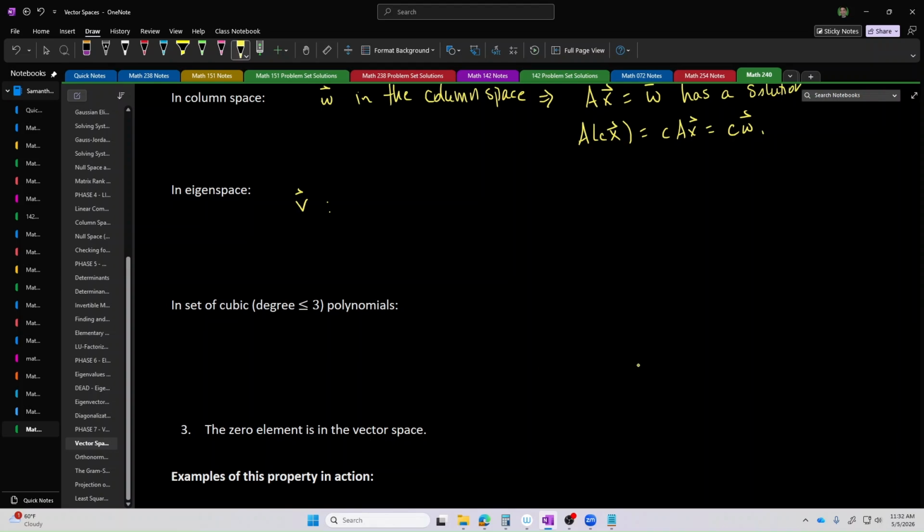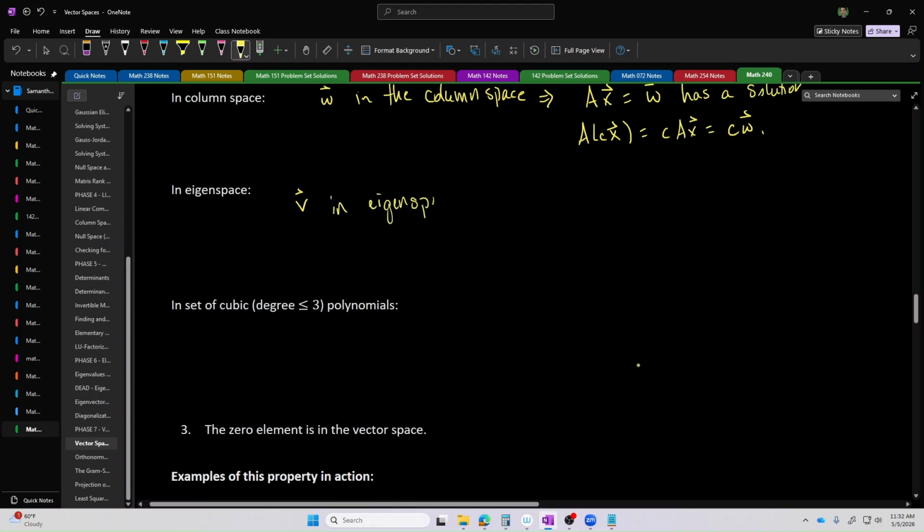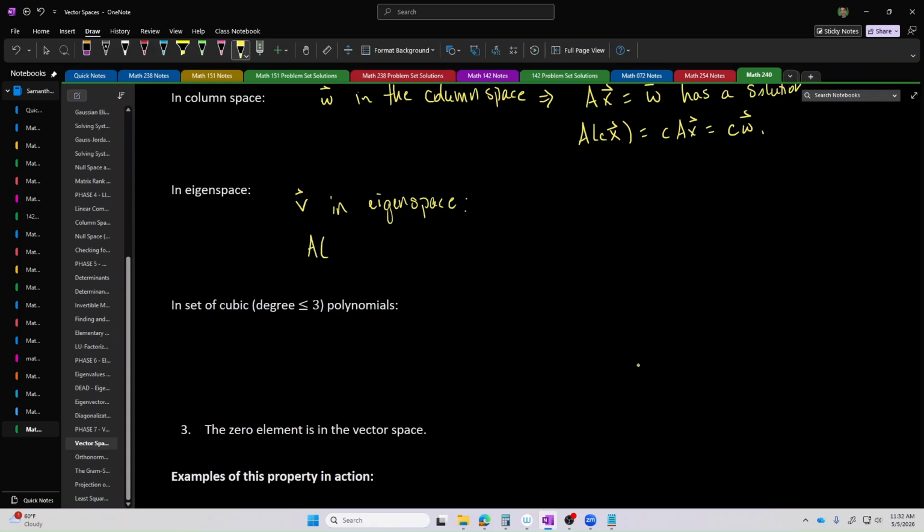If I have v in the eigenspace, and I think about what happens when I apply the matrix A to some scalar multiple of v instead, I can factor that scalar out and apply the matrix A just to v, so I get c times lambda v. So that's lambda times cv, and that means that cv is in the eigenspace as well.